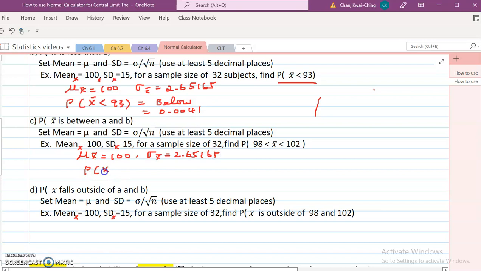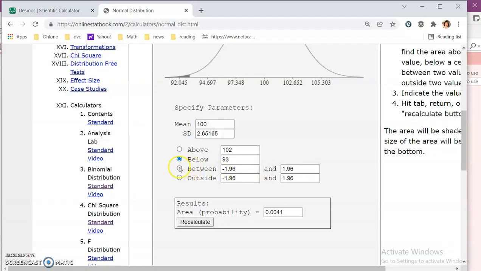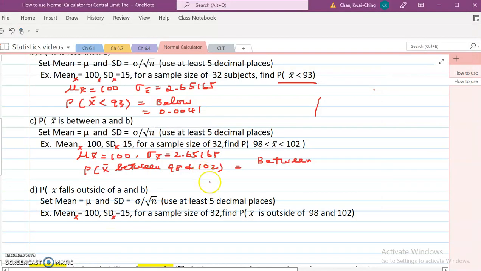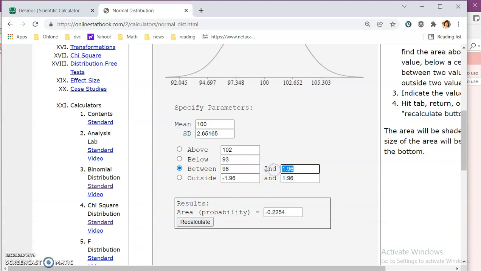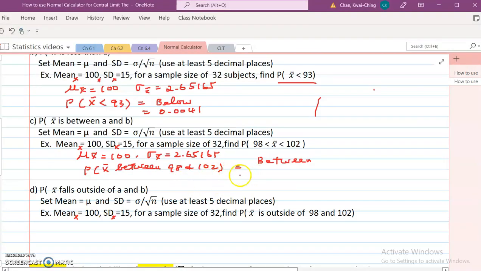Probability of x bar between 98 and 102, use the between option, it's very intuitive. We click between, say 98 to 102, hit recalculate, 0.5493.